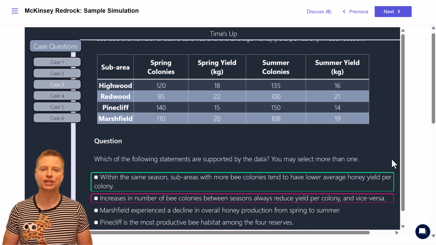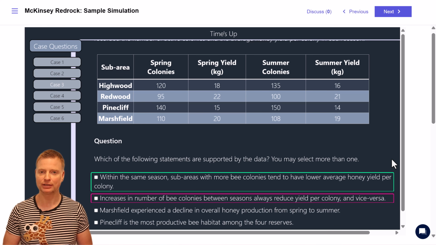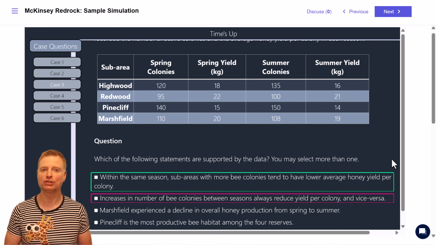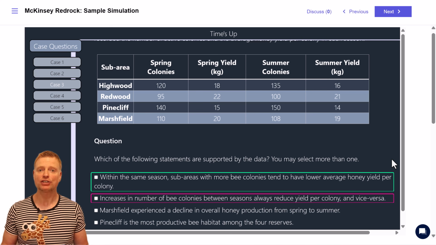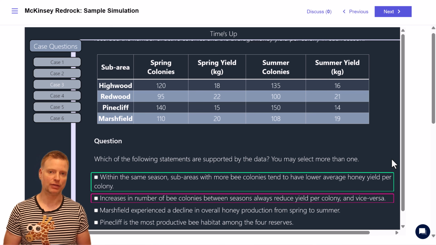The same picture in redwood, 95 and 22 in spring, but 100 and only 21 in summer. The statement also holds true for Pinecliff, 140 to 15, but 150 to only 14. In Marshfield, the dynamic is different though.